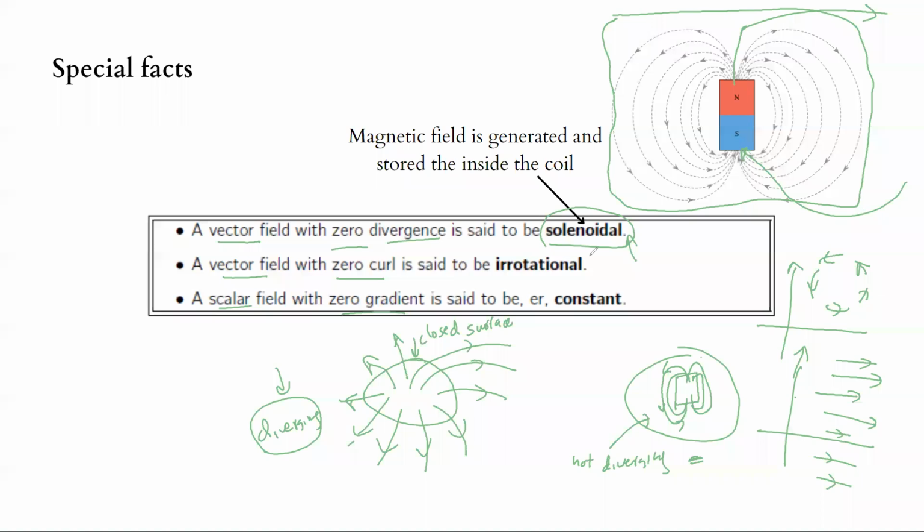If all the electric fields are in a certain direction, there's no curl, so it is irrotational. And then we can consider a zero gradient scalar field to be like a constant gradient field, right? That means our vector field does not have any maximum or minimum points.